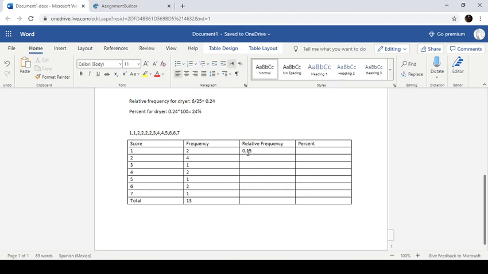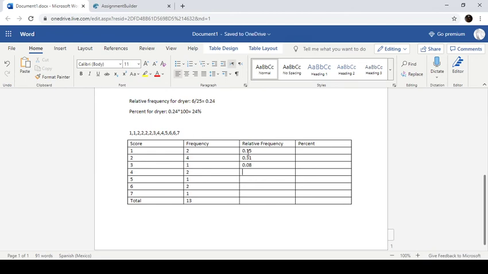Next one, it's 4 out of 13. So 4 divided by 13. Again, we need to round. This one happens to round to 0.31. And I'll just round the rest of them for us. So 1 out of 13 is 0.08. 2 we already know.